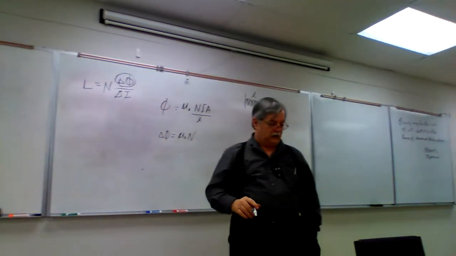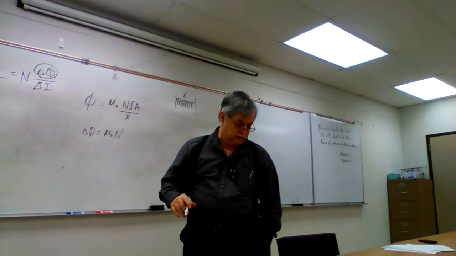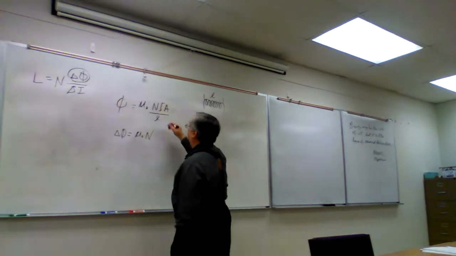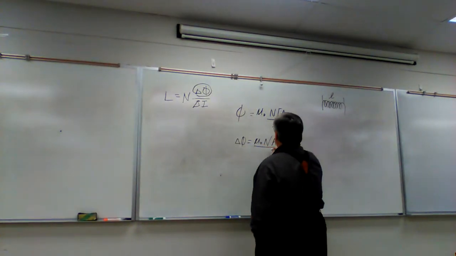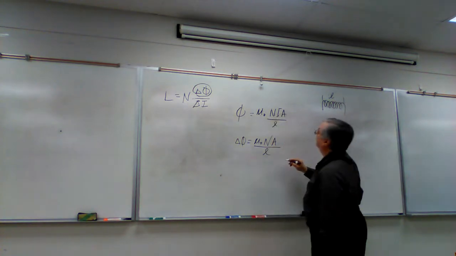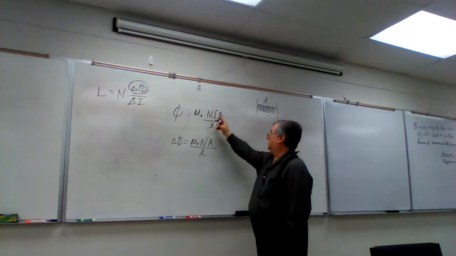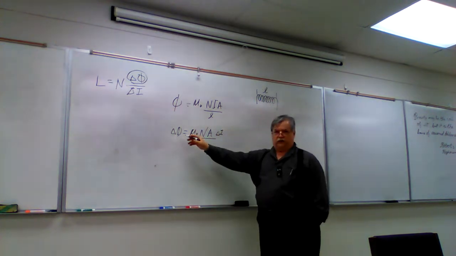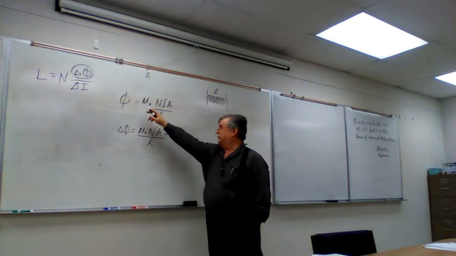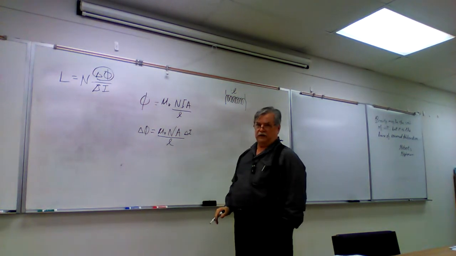No, not all of it. The area stays the same. The length stays the same. The only thing that changes is the current. So delta phi is just the same phi except with delta I instead of I.